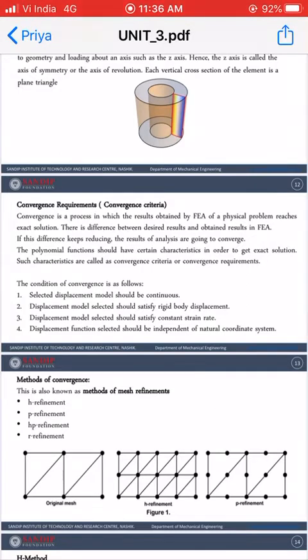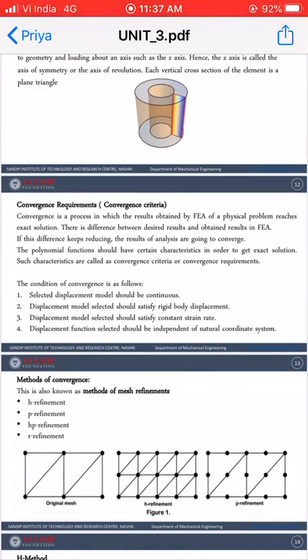So these 4 points, only 4 points we have discussed in the previous lecture, but now we will explain these 4 points in detail. We will discuss what we mean by the compatibility condition, then what we mean by the geometric isotropy, then what the constant strain rate condition is, and what the rigid body displacement is.